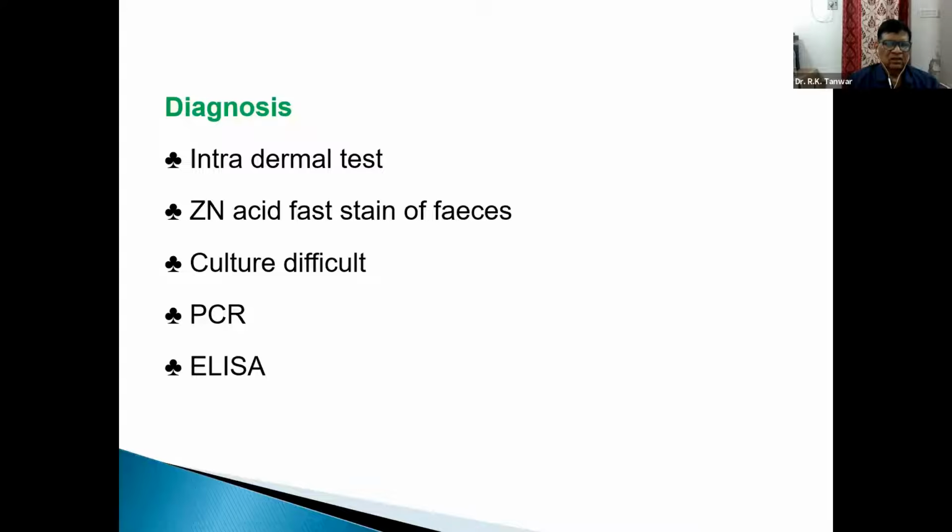But you have to differentiate it from tuberculosis and avian tuberculosis. Ziehl-Neelsen staining is carried out. Culture is very difficult, but PCR can diagnose. But once the disease is present in any farm, it is very difficult.